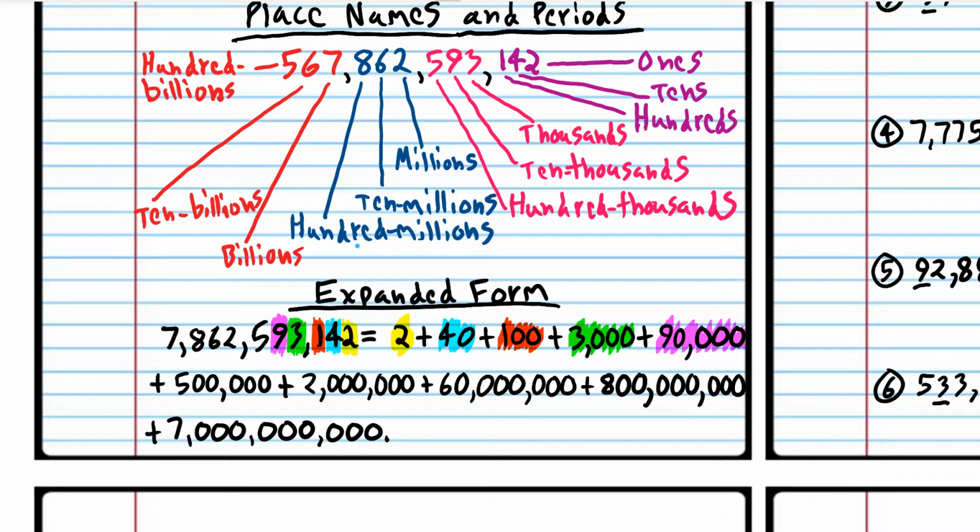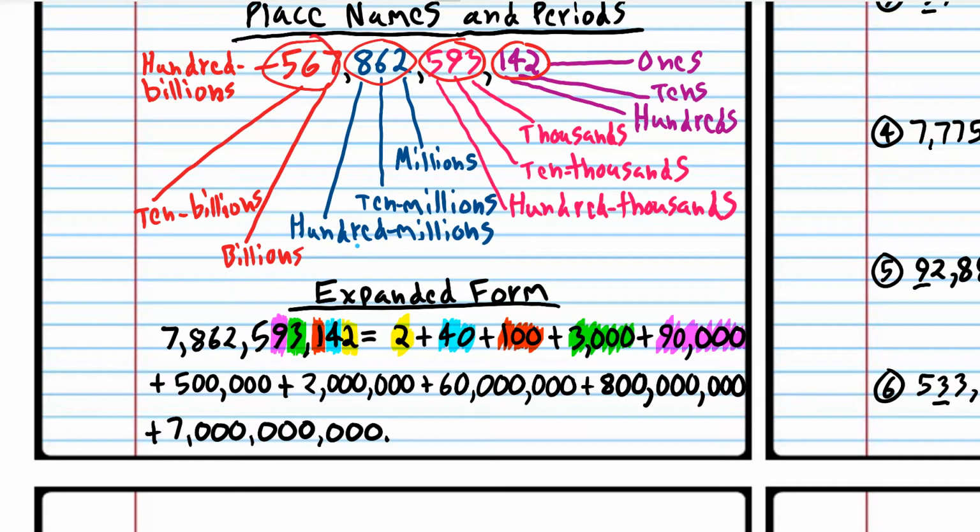So you've probably already heard the word thousand, the word million, and the word billion. The numbers go all the way up to trillion, quadrillion, and even further than that. Now notice that each one of these numbers is broken up into three parts.